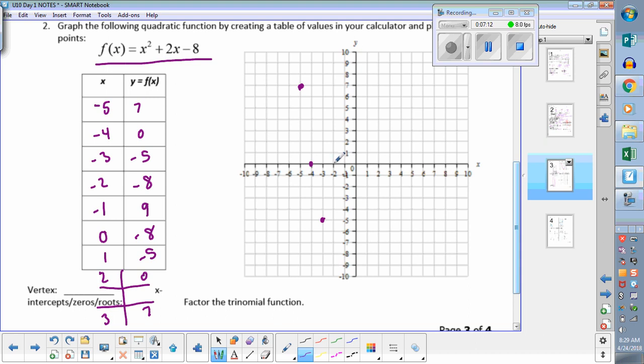Then I have -2 and -8, which is right here. Then I have -1 and, sorry, this should be -9. So I have -1 and -9. But then I'm going to 0. So I have 0 on my x-axis, and then I'm going to -8, which is right here.